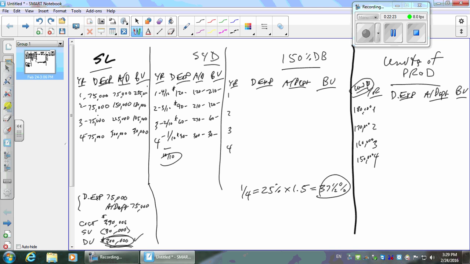And then you take the original cost times that 37.5%. You got it. The first year. Because what's the beginning book value? The beginning book value is what we paid for it, $330,000, right? So I'm going to do the $330,000 to start, and I'm going to take that times 37.5% the first year.